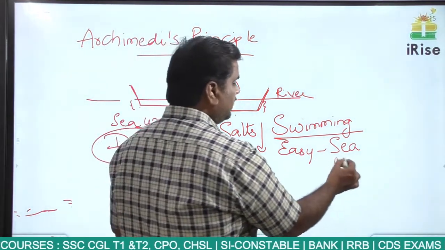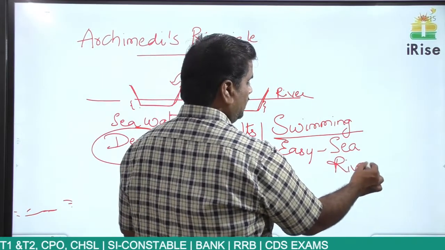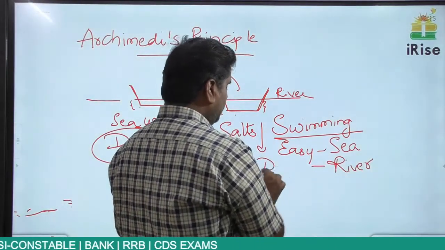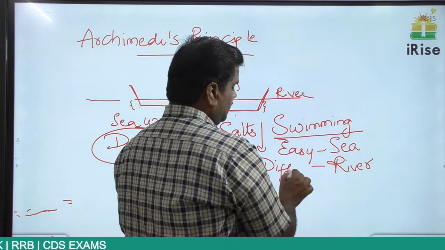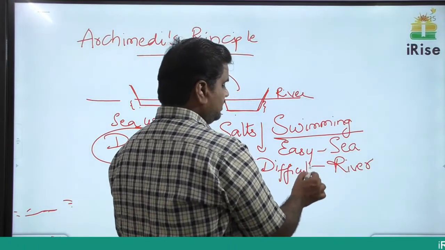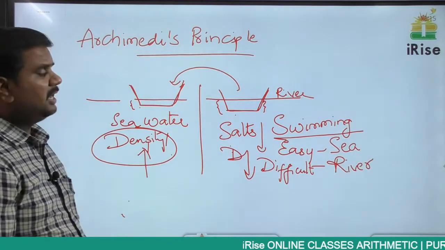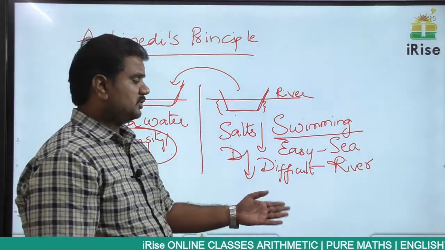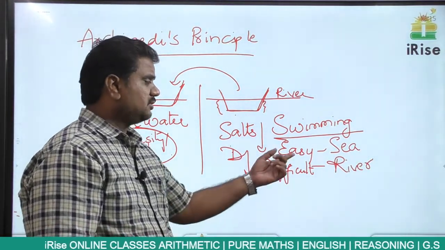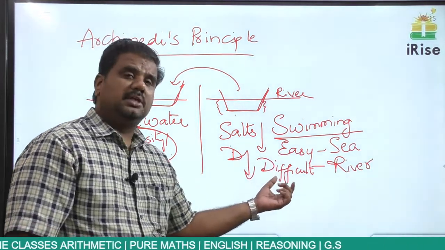But in the case of river water, swimming is difficult because river water has less density, as a result of which the body will be pushed inwards. So swimming is easier in sea water when compared to river water.